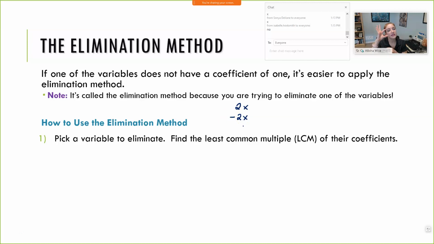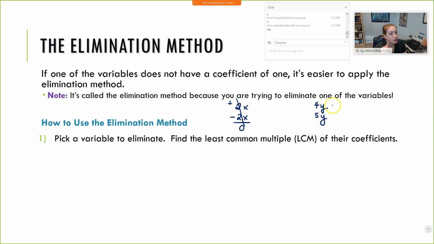They have to have the same number, but one has to be positive and the other has to be negative. So there'll be times when you'll have, let's say, 4y and 5y. And you're like, well, those don't match. 4 and 5, if I add them together, I get 9. I want to add them together to get 0, so they cancel.